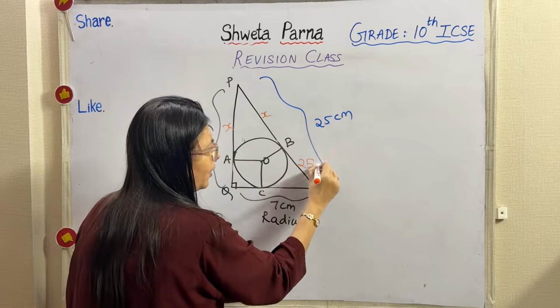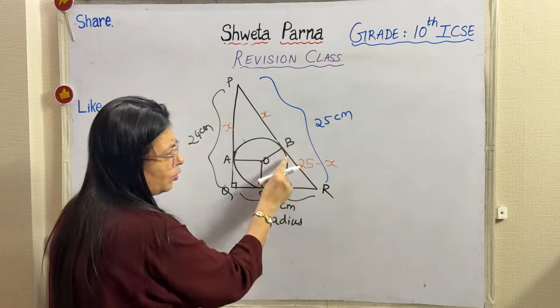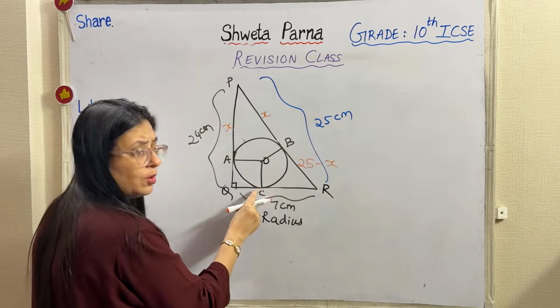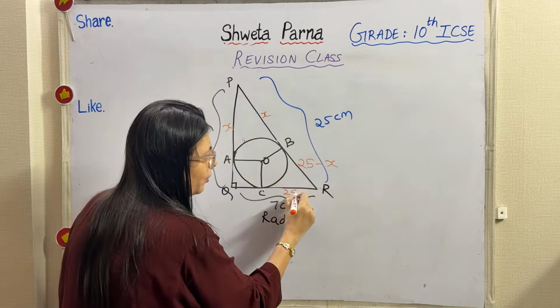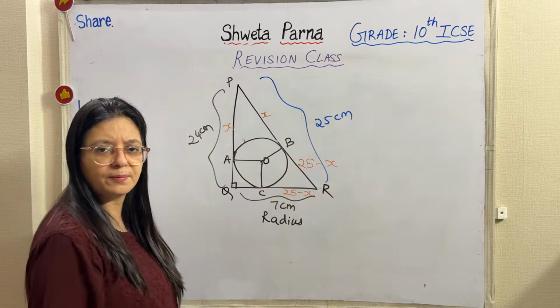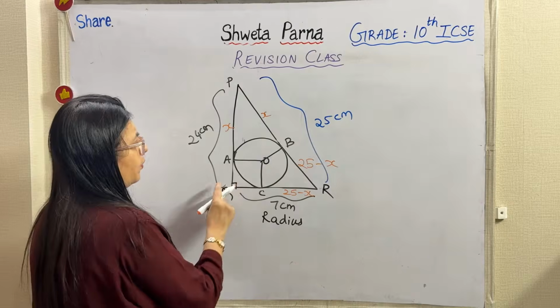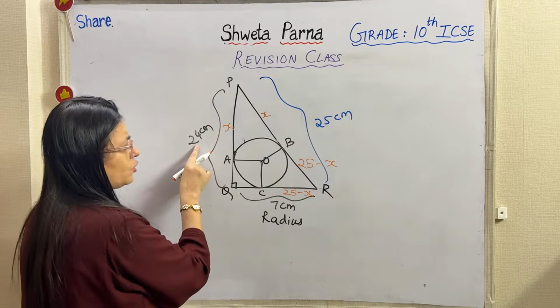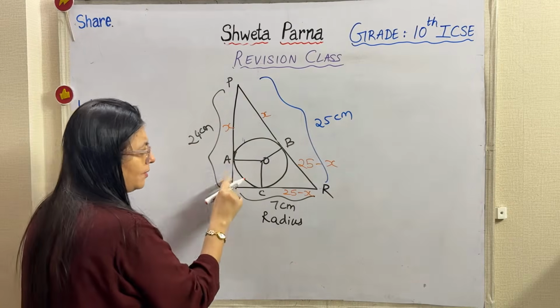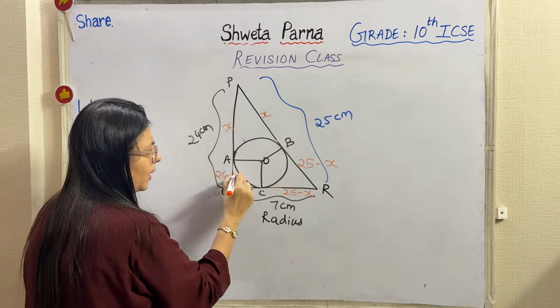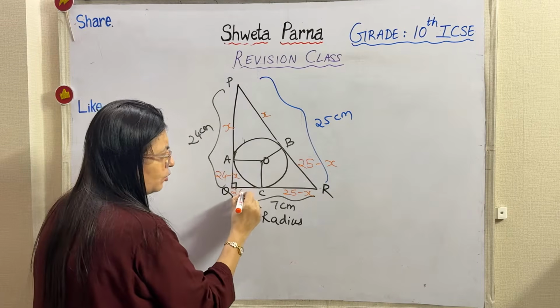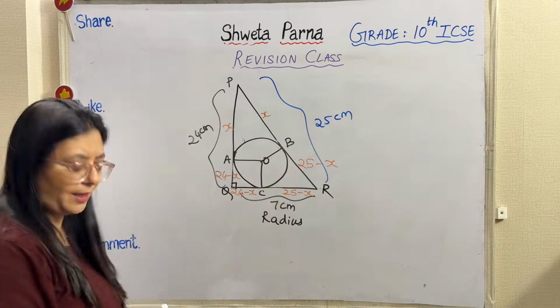BR would be 25 minus X. Now BR is equal to CR, so even this will become 25 minus X. Now over here, this entire thing is 24. If this is X, this will become 24 minus X, and this will also become 24 minus X.